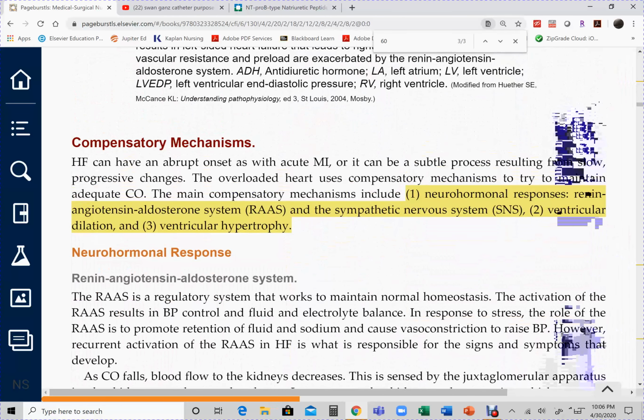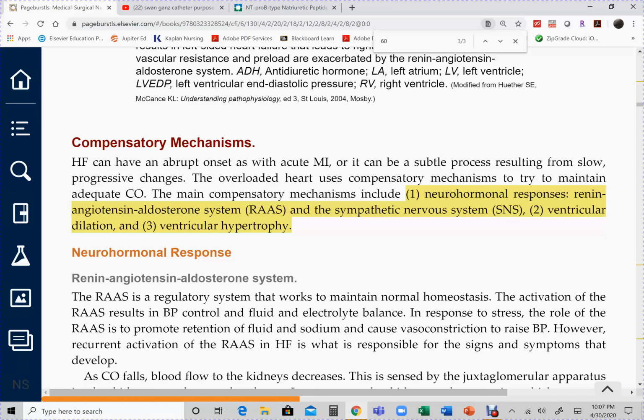Let's review quickly. We discussed this already in chapter 31, that there are at least two main compensatory mechanisms involved whenever there is heart failure, or whenever the cardiac output drops. So the triggers are usually either low blood volume, low oxygen, low blood pressure, or low cardiac output.